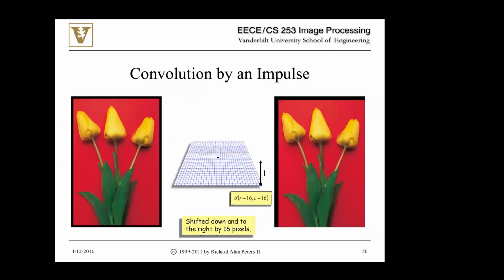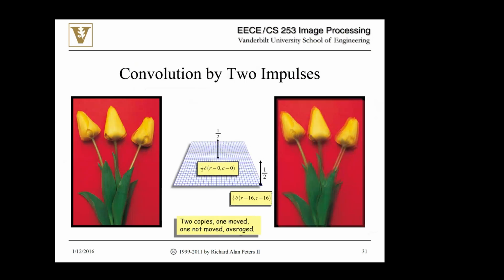So let's say that I have to convolve this image with a single delta. So simply I shift it to the location of the delta. So my image is shifted down by 16 pixels against all the dimensions. Then let's say that I have two deltas.